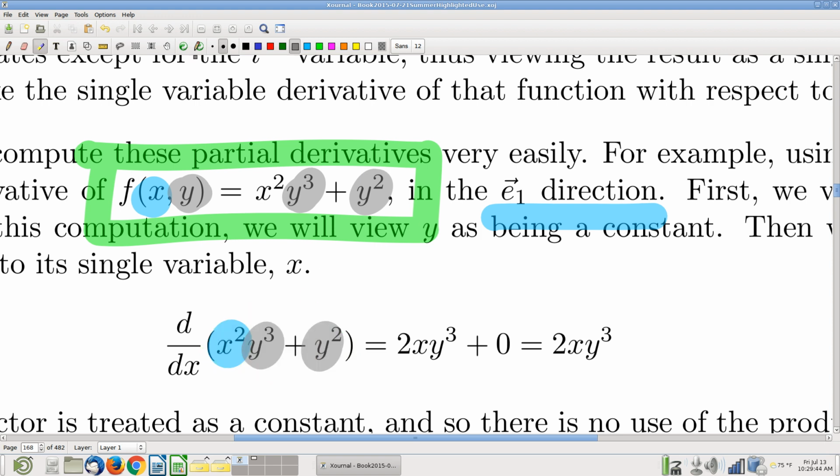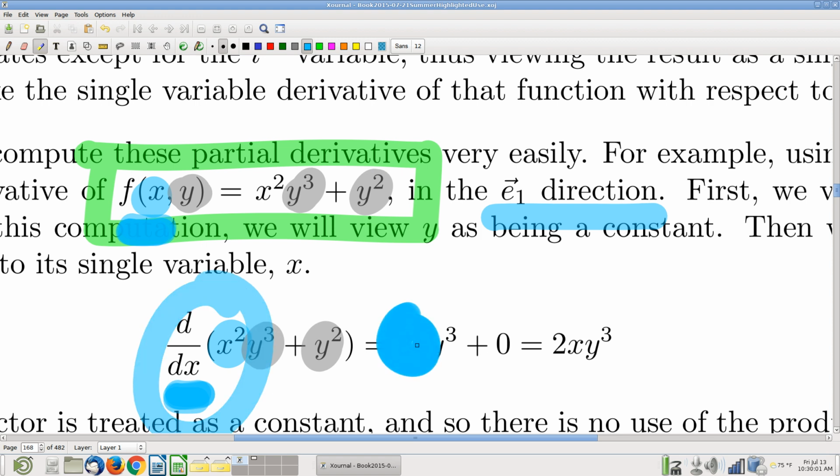I'm taking a derivative with respect to x of x squared times a constant plus a constant. And that's easy. The derivative of x squared is 2x. The constant factor of y cubed stays there, comes along for the ride. The derivative of the constant y squared is 0 because it's a constant.